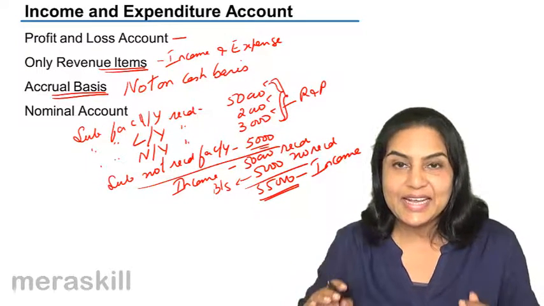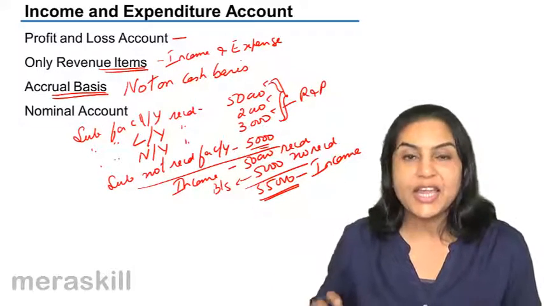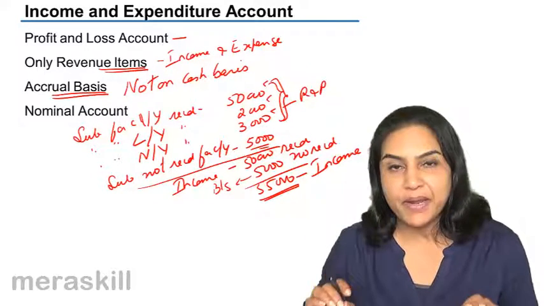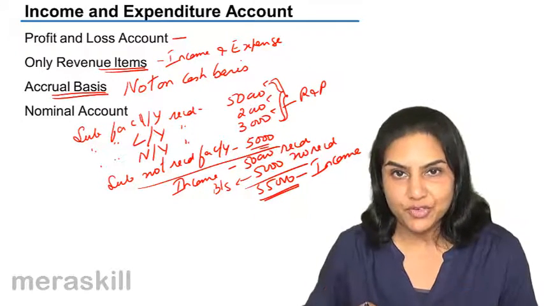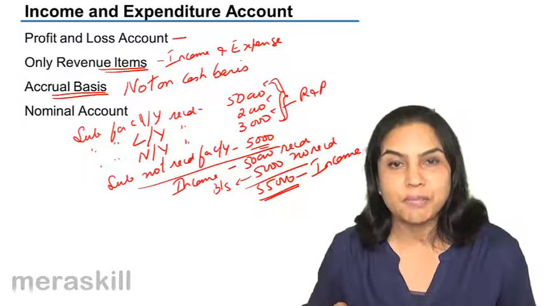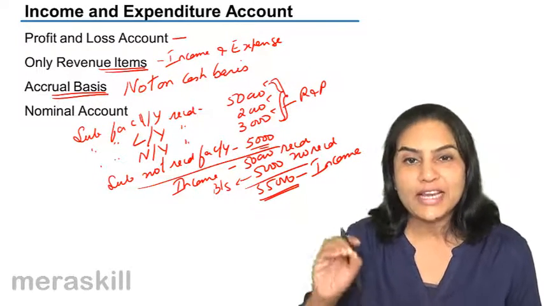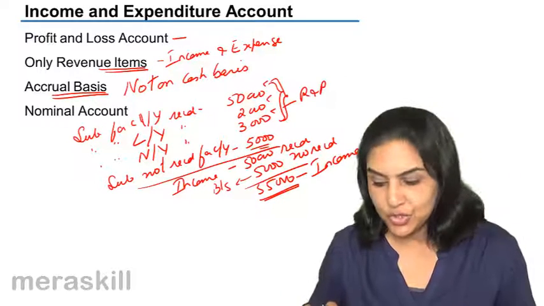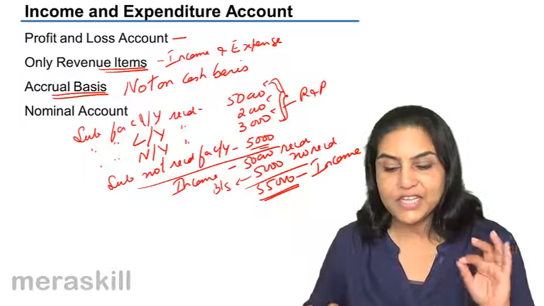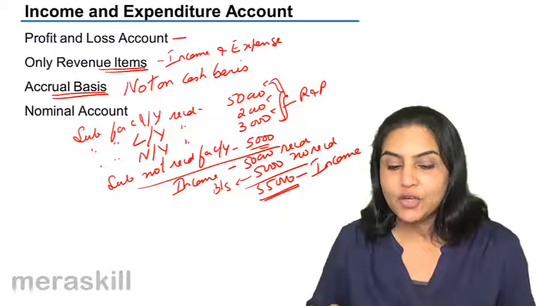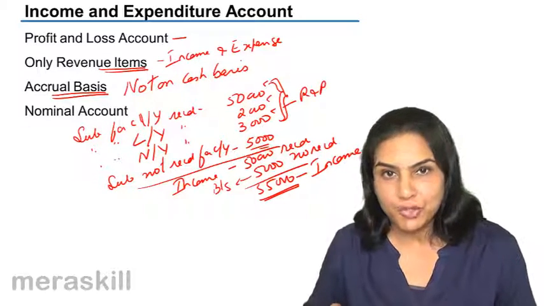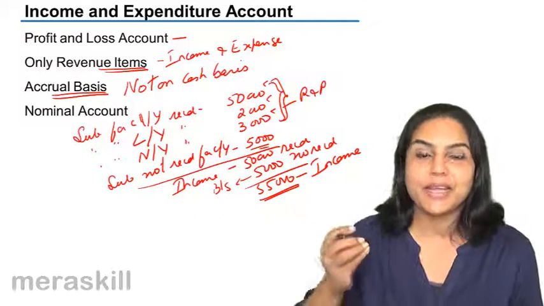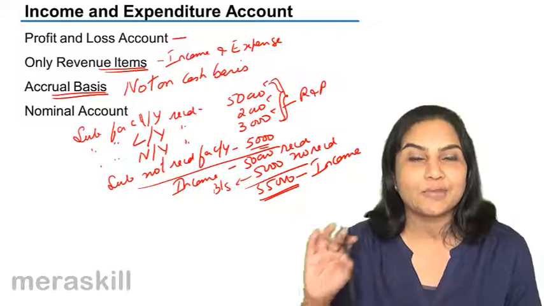So, the income and expenditure account is not prepared on cash basis. Irrespective of whether the money has been received, irrespective of whether money has been paid, all incomes and expenses for the current year would be brought into the books, irrespective of whether income was received or expense was paid.